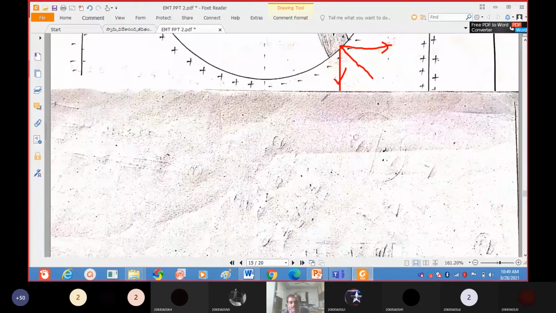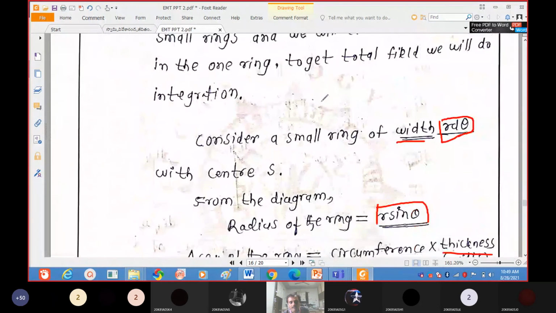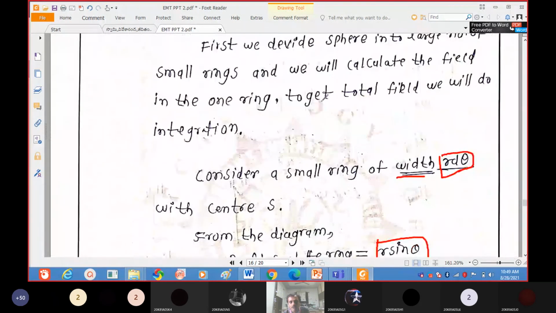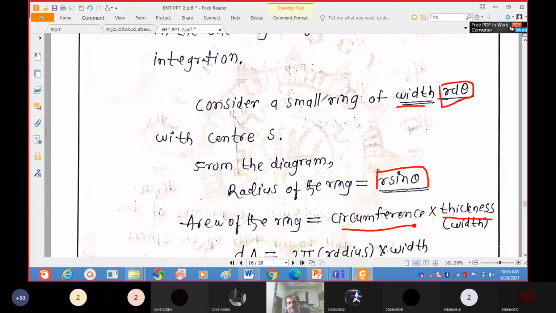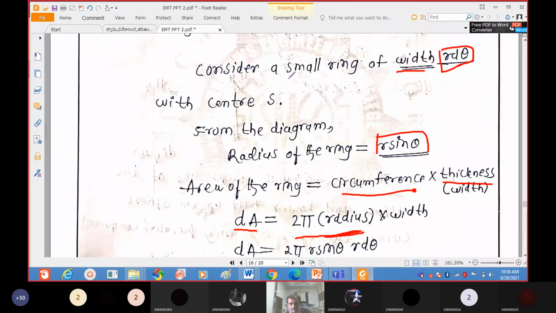Now for calculating the dq value, we require the area. What is the formula for area? Circumference into thickness. What is the thickness here? The width of the ring, r d theta, and the radius of the ring is r sin theta.